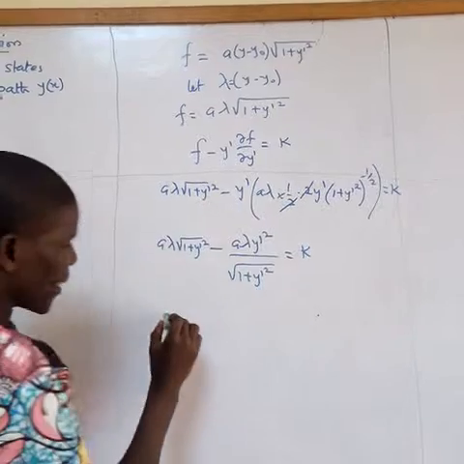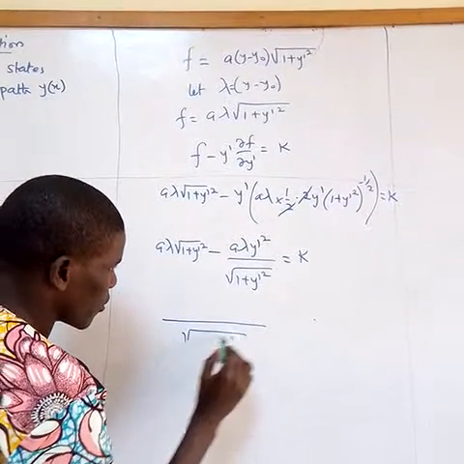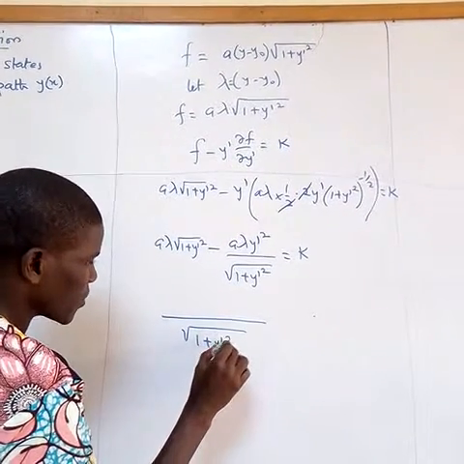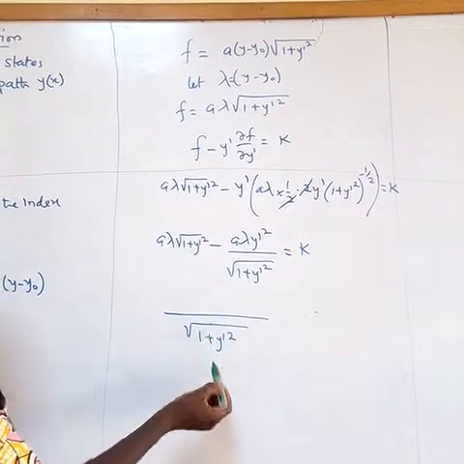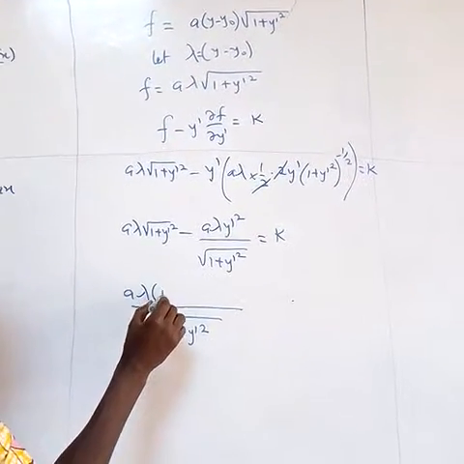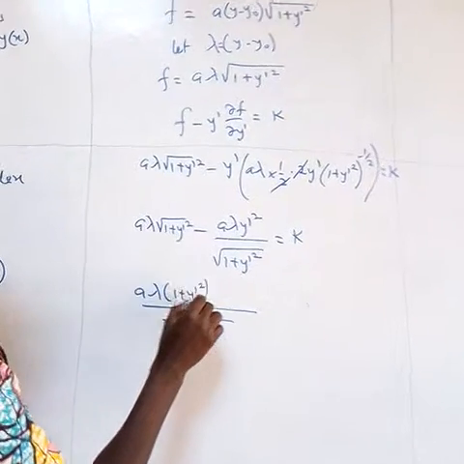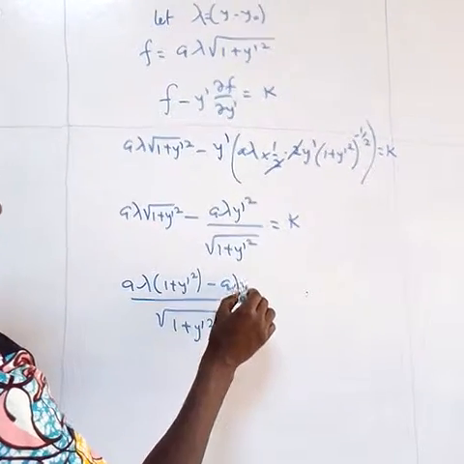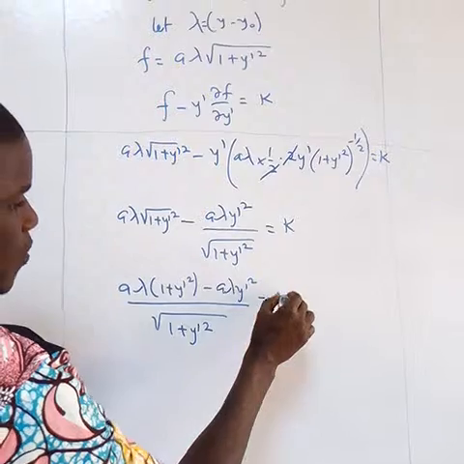So from here, what is our LCM? Our LCM is square root of 1 plus y prime squared. So by the time we say 1 into this, we are going to have the same expression. So times this, we are going to have a lambda into bracket 1 plus y prime squared minus a lambda y prime squared, against square root of 1 plus y prime squared, is equal to k.